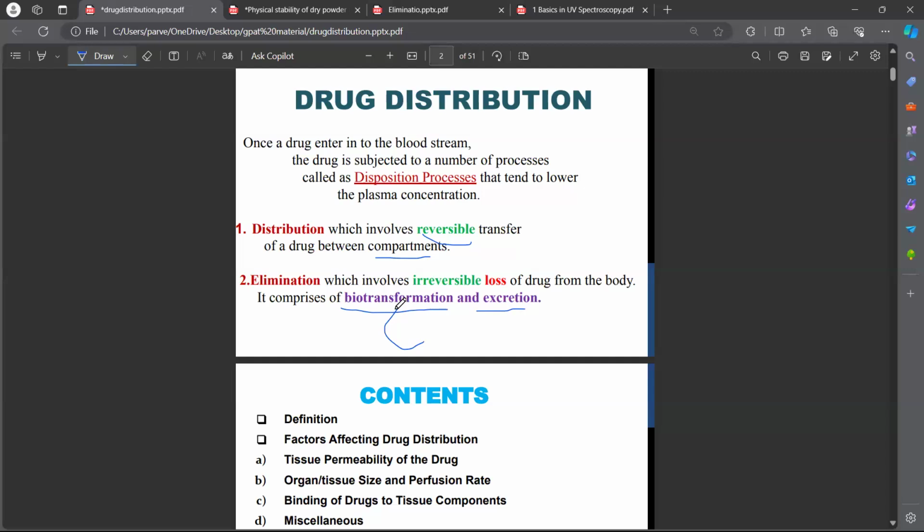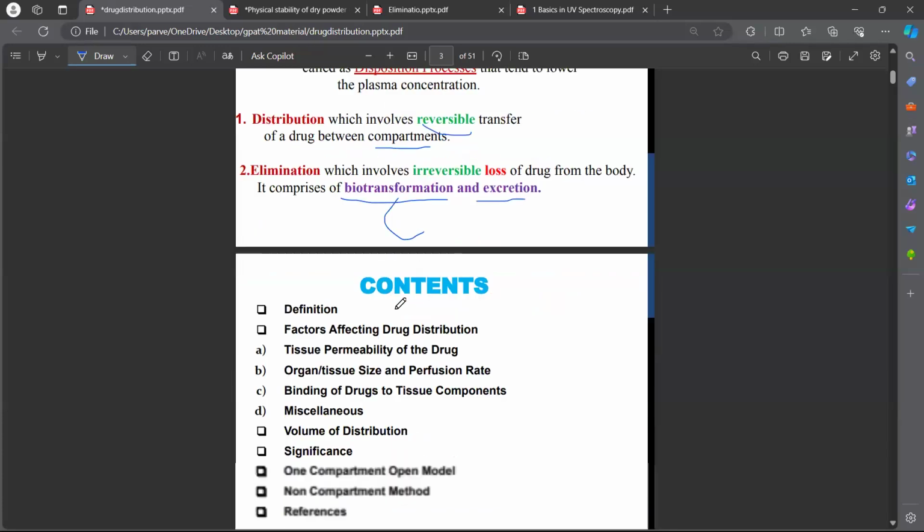The main rationale behind biotransformation is to increase the hydrophilicity of the drug, to make it more easily excreted from the body. Great answer. As we know, the drugs excreted through urine should be hydrophilic. Otherwise, lipophilic drugs get reabsorbed from the kidney.